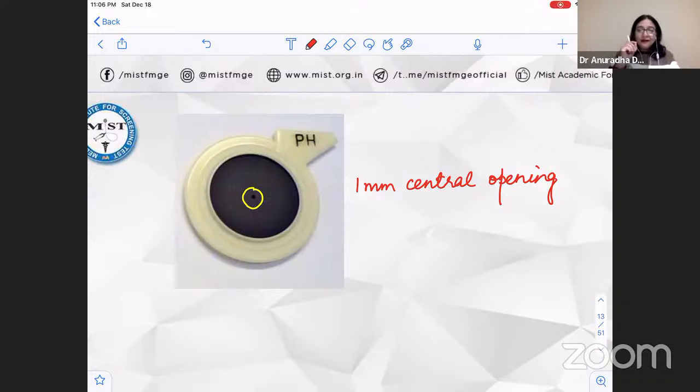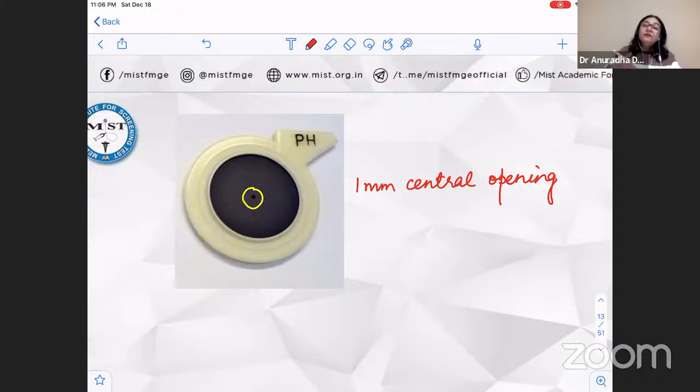If the central axis of the eye is clear, that is, there is no macular disease, no central cataract, no central corneal opacity, then the vision will improve with the pinhole if a person has refractive error. If there is no organic cause of decreased vision, the vision will improve because the light rays pass through the central opening and focus directly on the central retina.